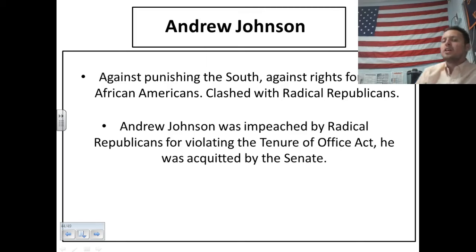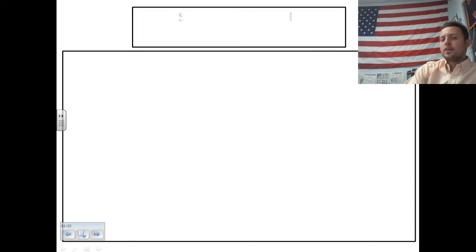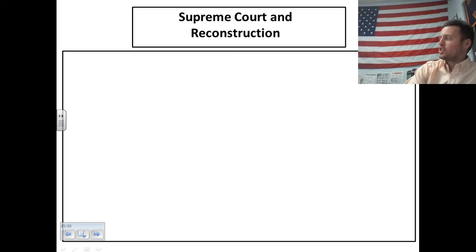Impeached doesn't mean kicked out of office. It means charged. He was charged with doing something wrong. But when he went to the Senate, he was acquitted. To acquit means to say, we're not going to convict you. We're not going to kick you out of office. You can stay in office. Okay? Cool. Awesome. Good.